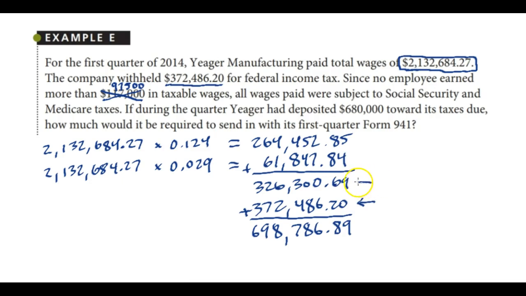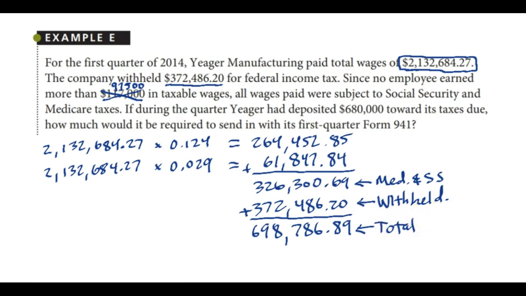This would be the Medicare and Social Security, and this is other withheld from your paycheck. And so this would be the total taken out of the paycheck.